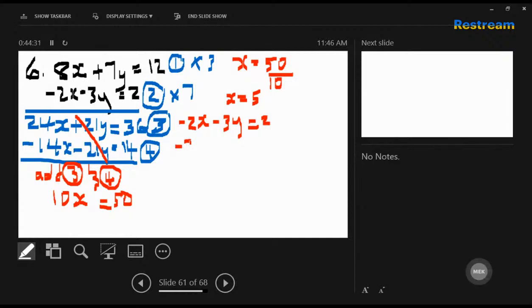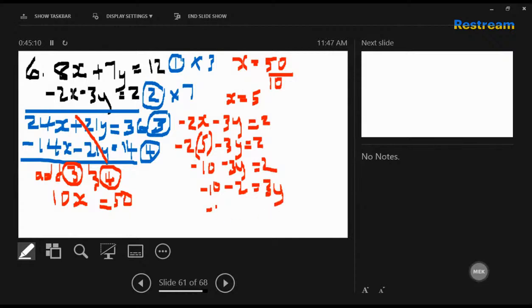I'm plugging in 5 where the x is, put a bracket and put 5. It means negative 2 times 5. Negative 2 times 5 is negative 10. So negative 10 minus 2 is equal to 3y, and that's negative 12.